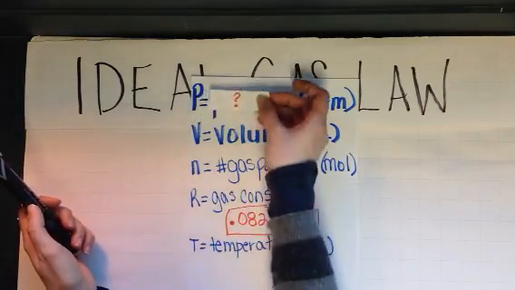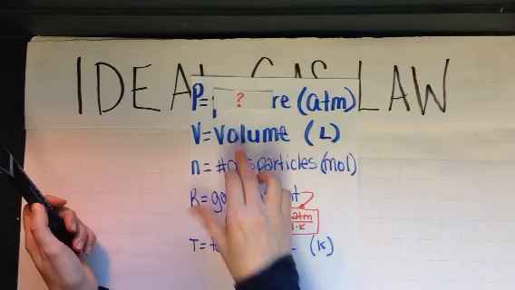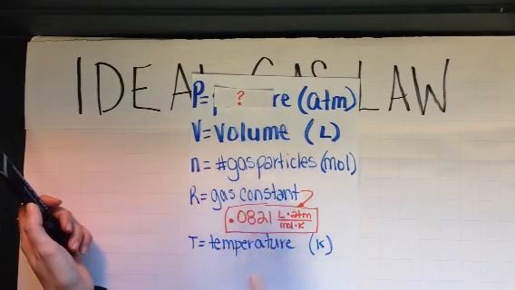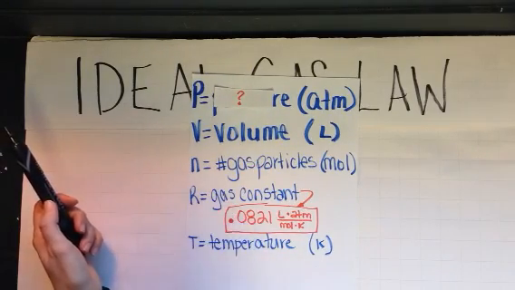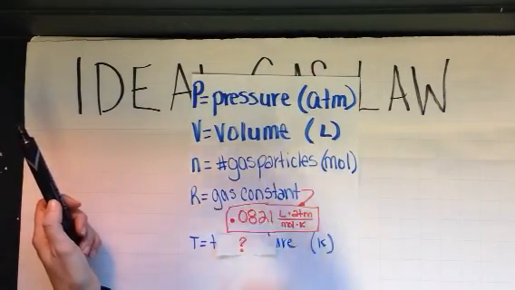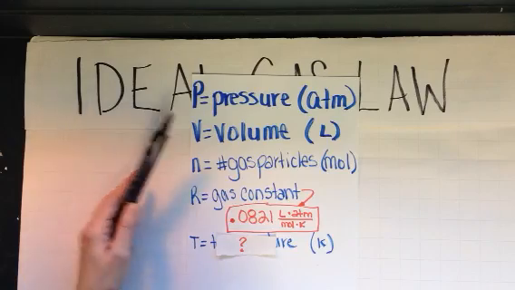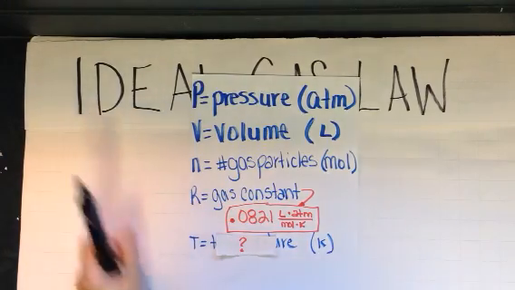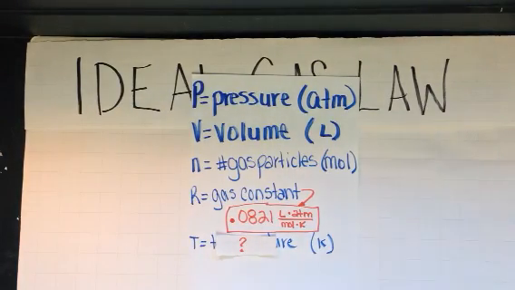So maybe they're asking you to solve for pressure. Therefore, they'll give you volumes, gas particles, and temperature. You always plug in the R because you have it. Or maybe they're going to have you solve for temperature, so they'll give you the other ones. Okay, just as a matter of what the question's asking for.